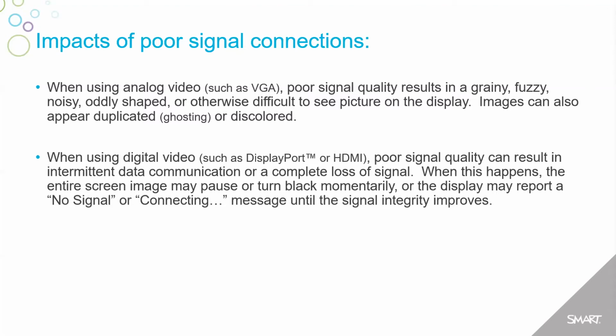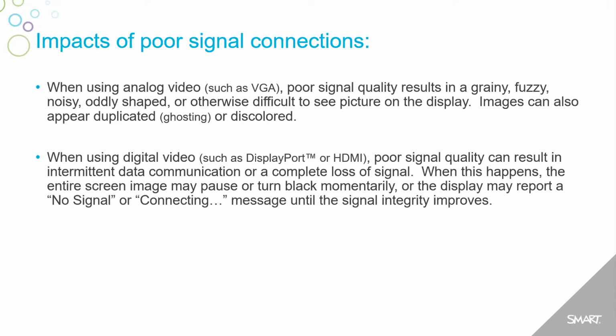Images may also appear duplicated or ghosted, or they may be discolored. Perhaps they're a little more red than they should be, or a little more blue than they should be. I'm sure we've all seen this in the past with older televisions that get snowy and things like that. That's a typical analog video poor signal quality.